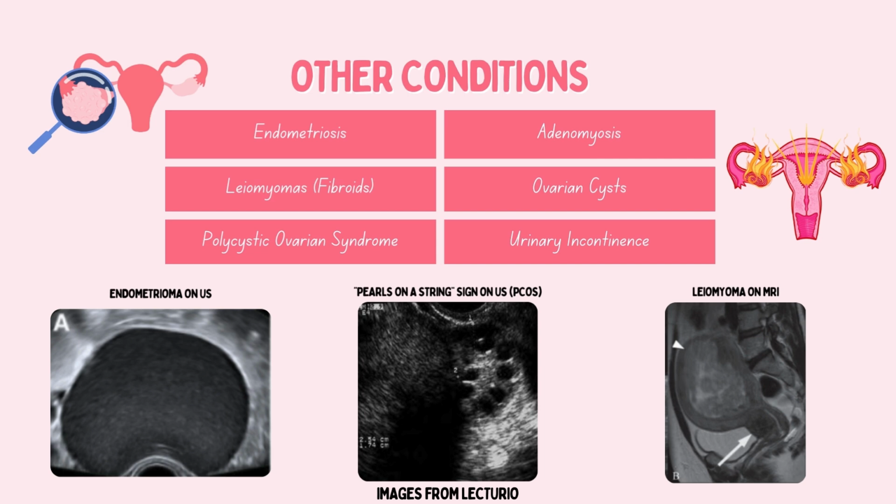It was boggy, so not exactly firm, and it could be tender or non-tender, and it was moderately mobile, whereas leiomyomas are discrete, firm, non-tender, asymmetric, and they're mobile on the uterus.